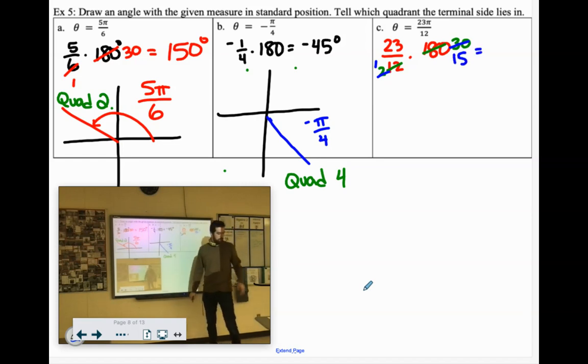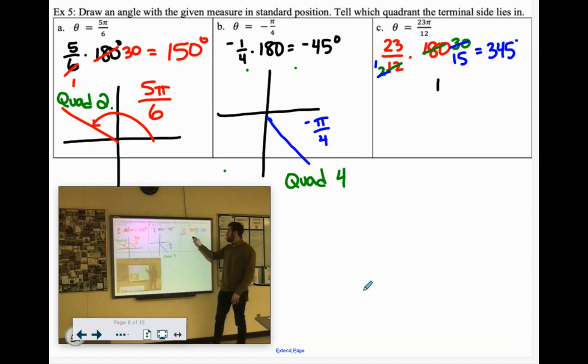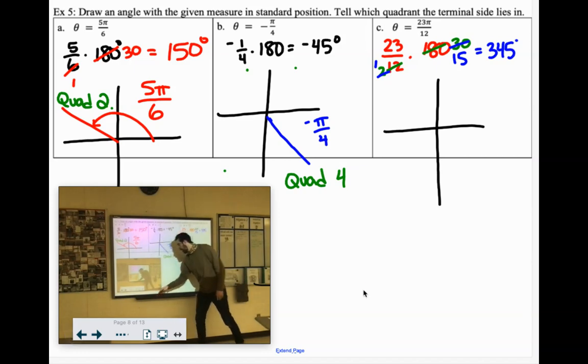Oh, 23 times 15. Let's just make it easy. 23 times 15, 345 degrees. Now let's remember a full rotation would be 360 degrees. So this would just be a little bit shy of that.